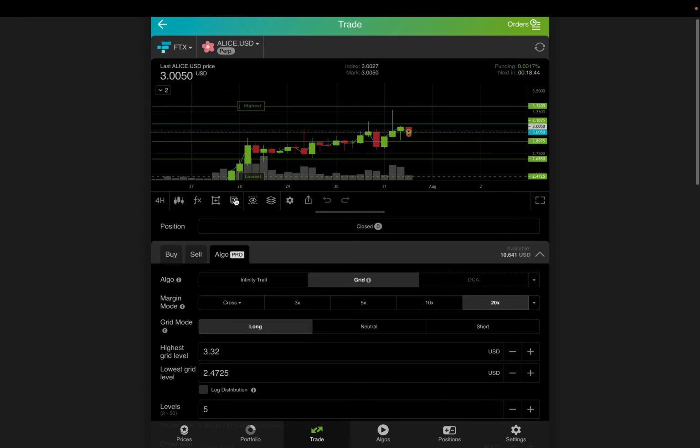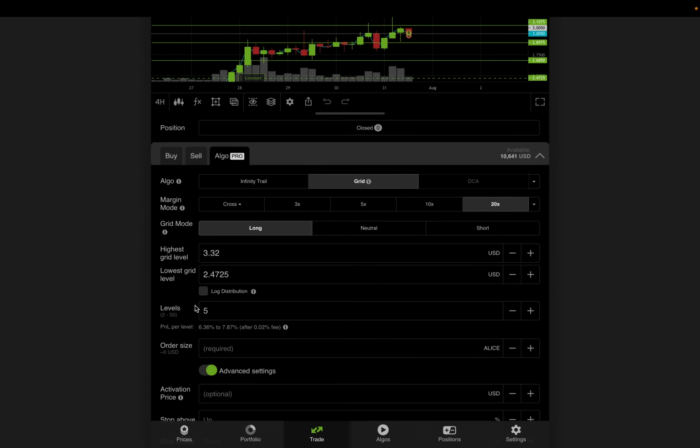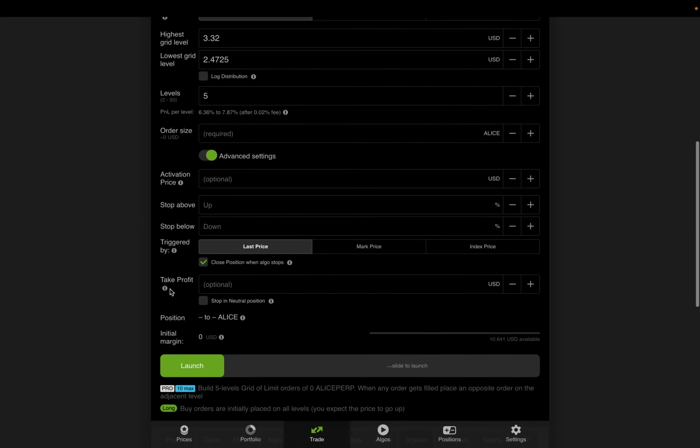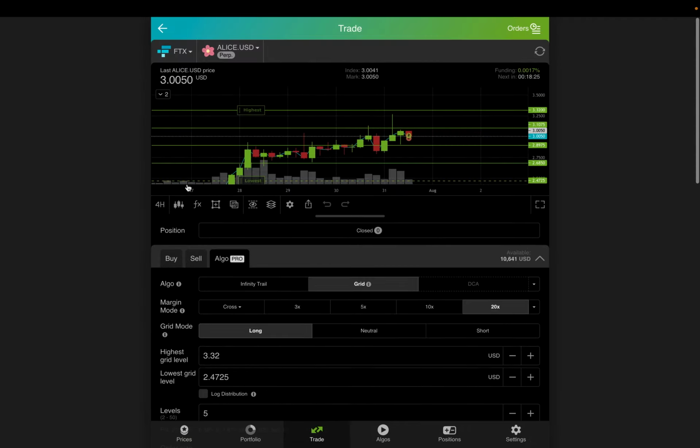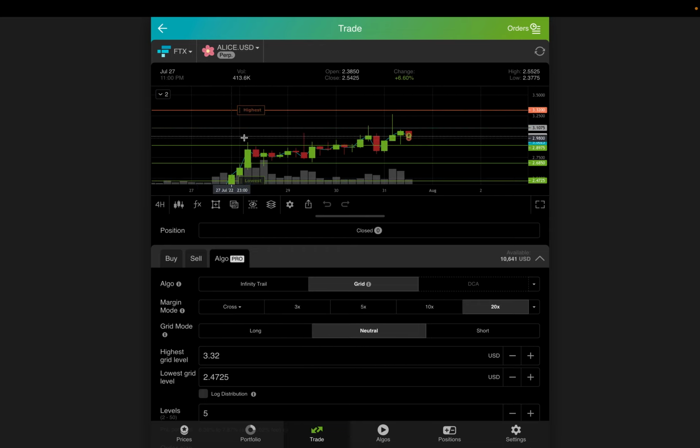So basically, imagine your grid ran already for some time and has made quite a nice P&L, but it's still running, and you don't want to stop it now, especially if it's somewhere far from your neutral line.